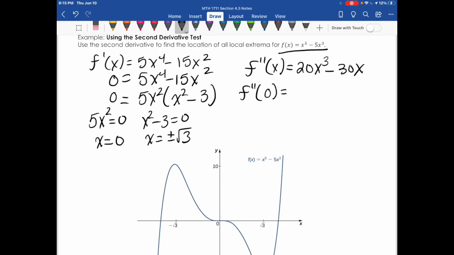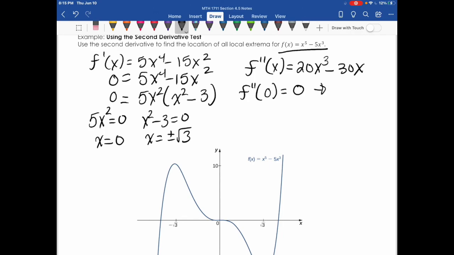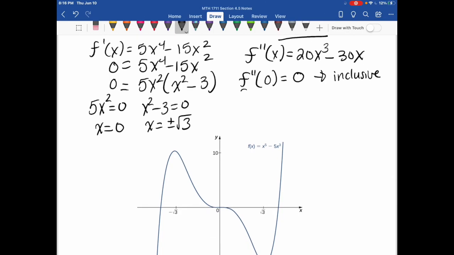Now I'm going to plug in 0 into the second derivative to see if it's on an interval that's concave up or concave down. I get that the second derivative of 0 is 0. So this tells me that it's inconclusive. I don't know anything about that point yet.